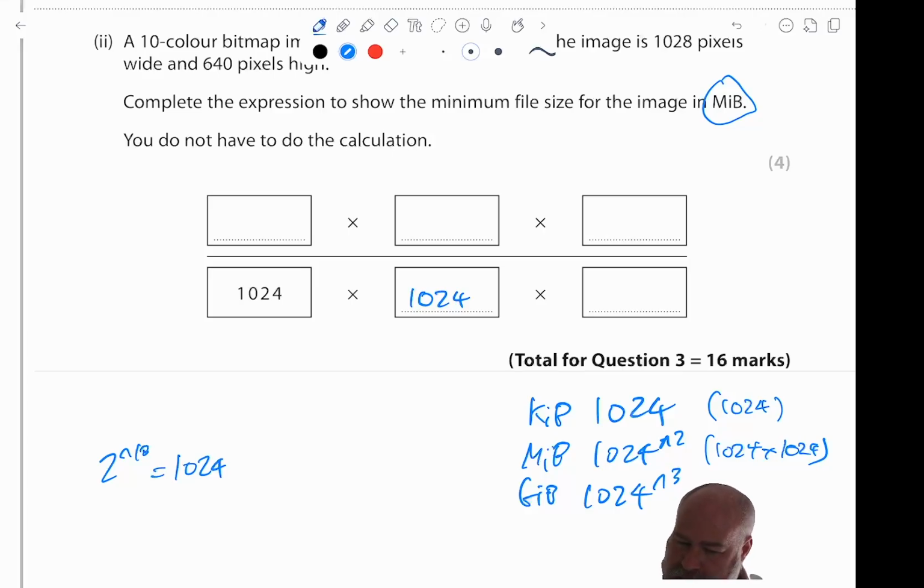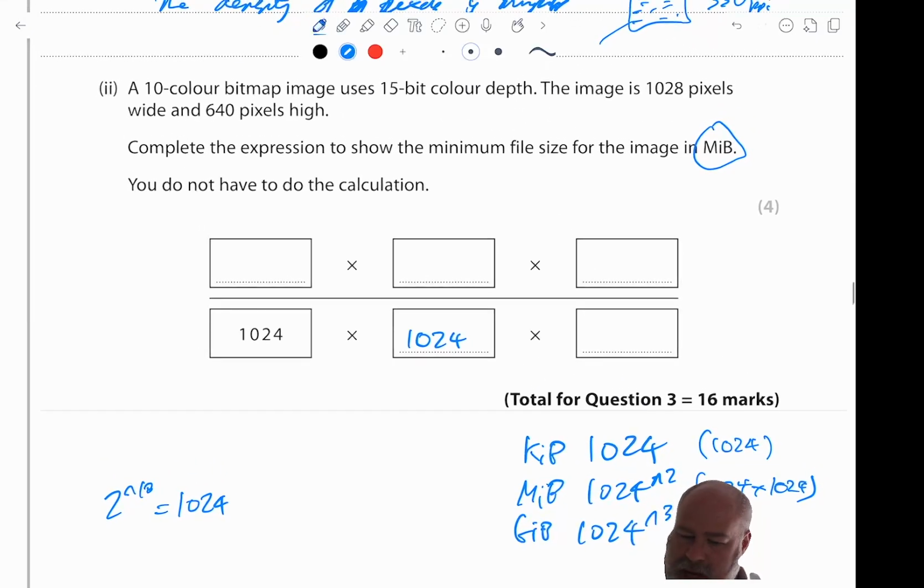And when we're dealing with bits, we have to make sure that we've got an 8 on the denominator here, because there are 8 bits in a byte. And the formula for image is width times height times bit depth.